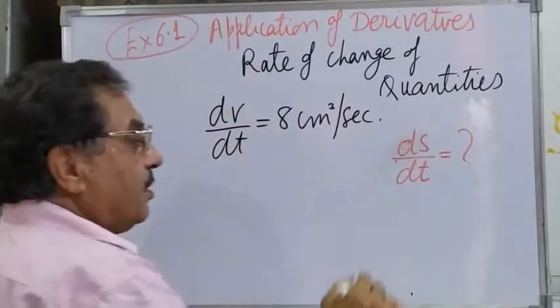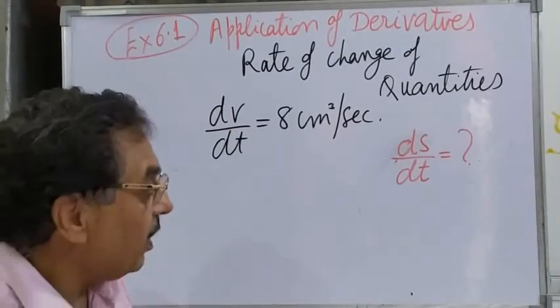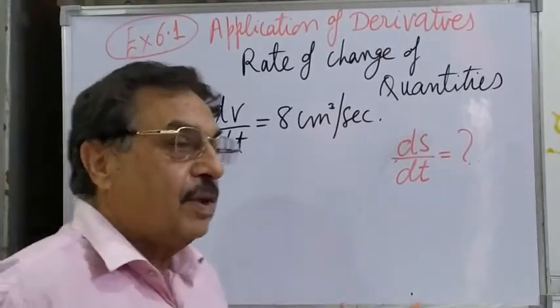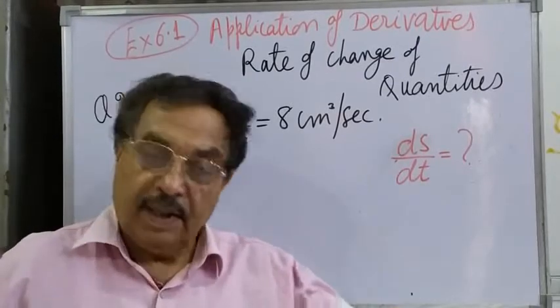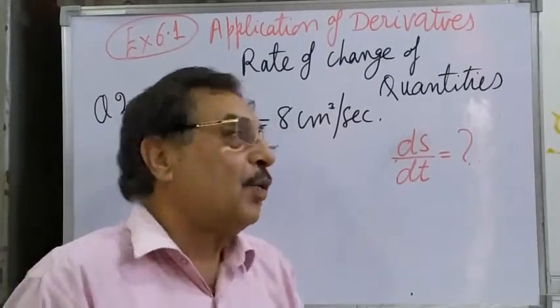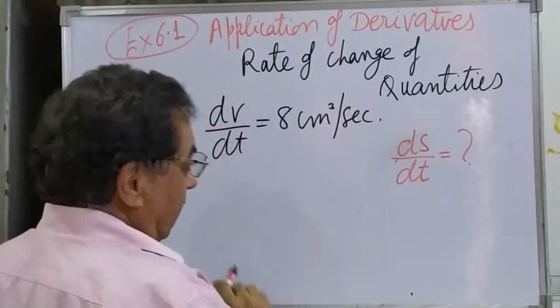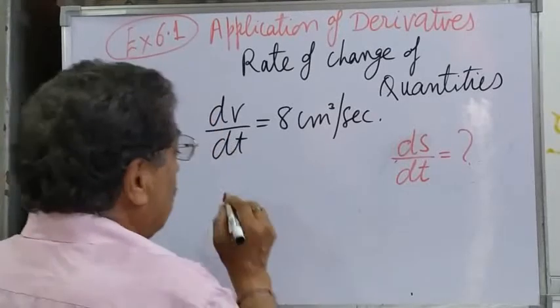where S is the surface area of the cube. When a cube is there, it must have the volume also, and the surface area also. Okay, so we have to find dS by dt, and we have been given dV by dt. What is the formula for the surface area of a cube?